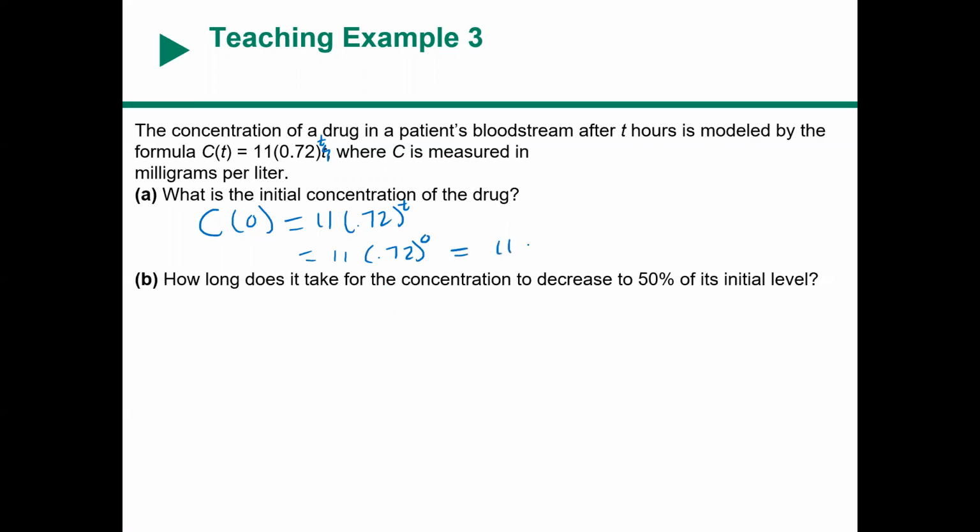So this leaves me with 11 times 1, which equals 11. My initial is 11 milligrams per liter. Also, remembering what this coefficient means is helpful in identifying your initial. But if you forget, that just means you're plugging in 0 for your independent variable and solving for the dependent.